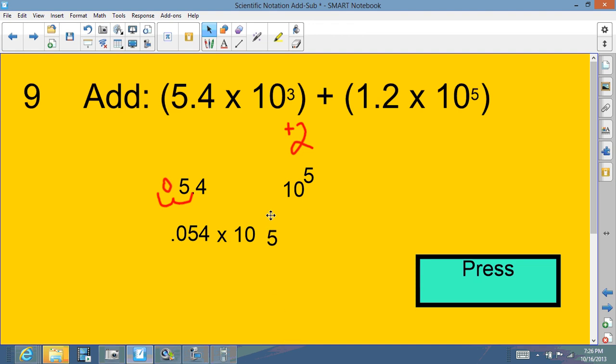So that's what it is if it were going to be to the 5th power. Now I can add that to this because they're the same. So my answer is going to be 10 to the 5th power.